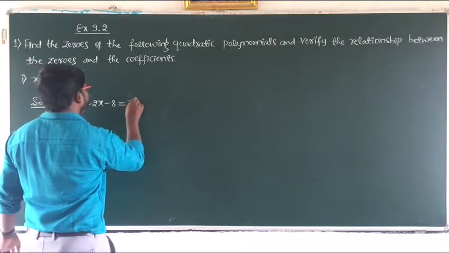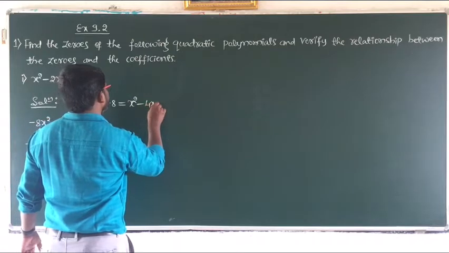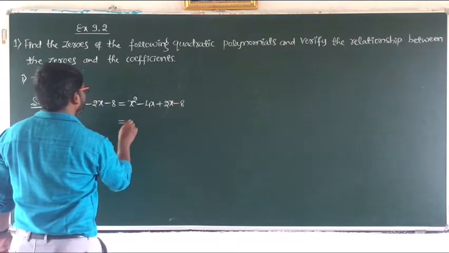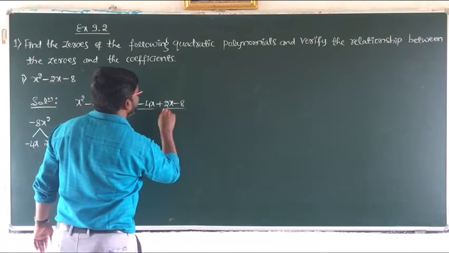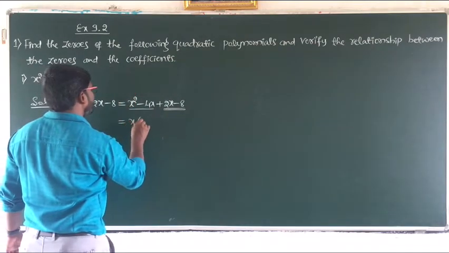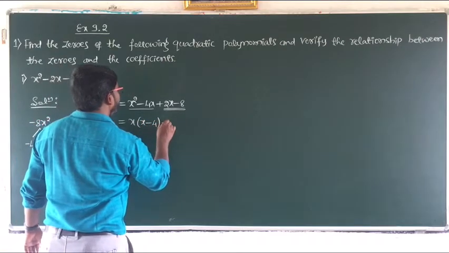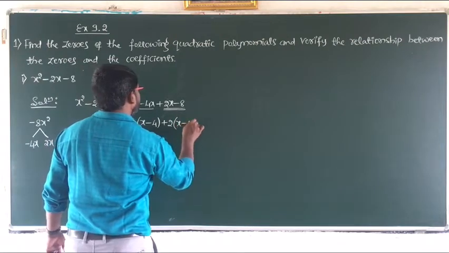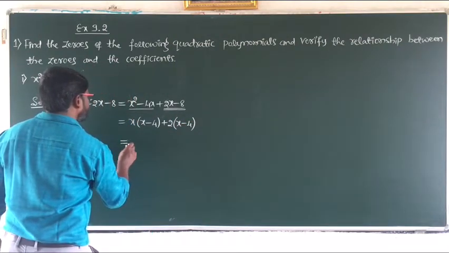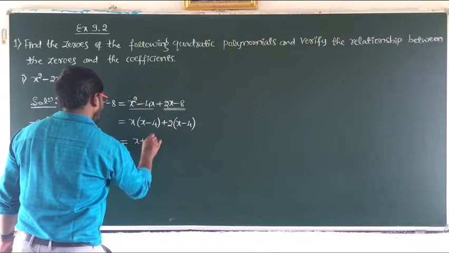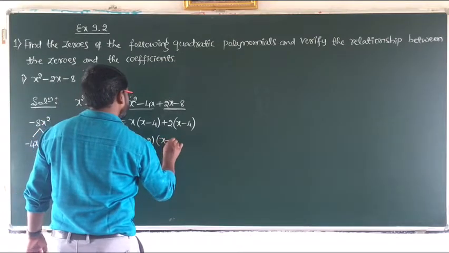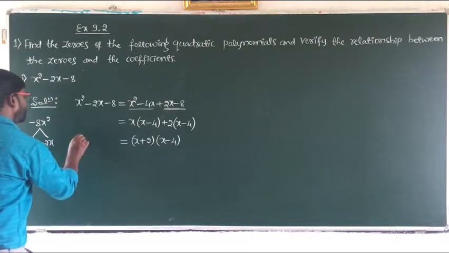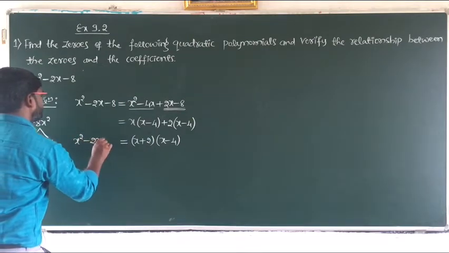So x square minus 4x plus 2x minus 8. In the first two terms and the last two terms we take common: x common, we get x minus 4, then plus 2 common, and we get x minus 4. So this can be written as x plus 2 into x minus 4.